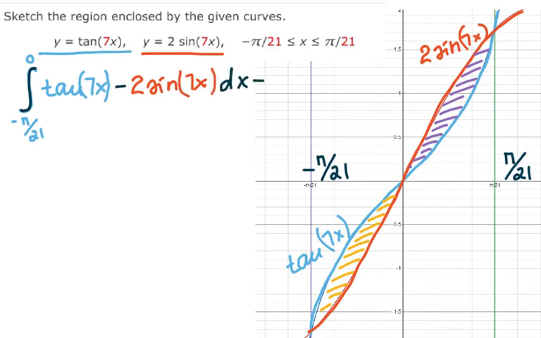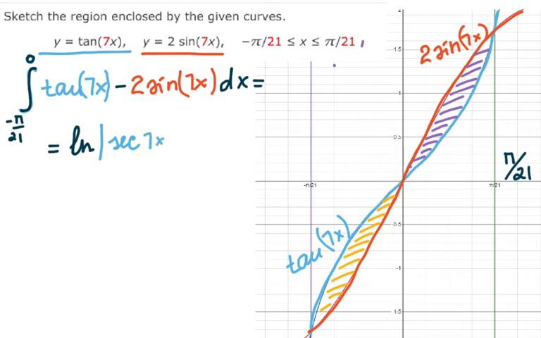If I take the integral of the first one, the blue function, tangent of 7x, I will have the natural logarithm of secant 7x, which is 1 over cosine.